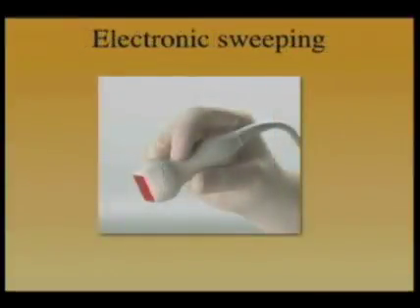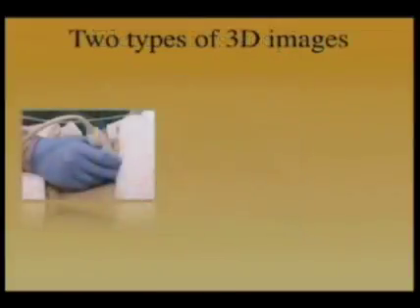To some extent, the holy grail has been to produce transducers that do the sweeping of the ultrasound beam completely electronically. And there are a couple of vendors that have actually produced transducers like this that are now available on the market that do their movement of the ultrasound beam through the volume completely electronically. There are two types of 3D ultrasound images that are produced.